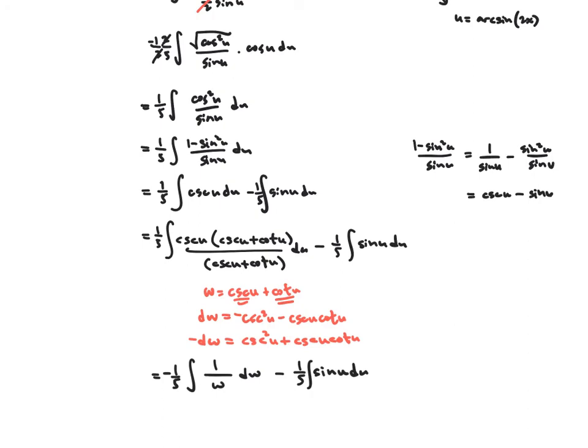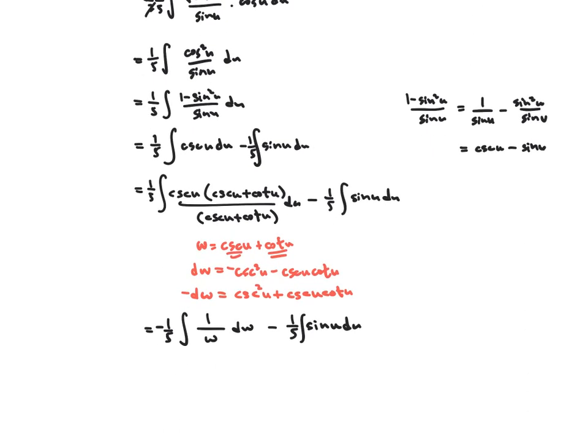All right, let's continue. This is getting crazy. All right, so I get negative 1/5 natural log of w. Well, w was cosecant u plus cotangent u minus, and actually the integral of sine is negative cosine, so I'll just make that plus 1/5 cosine of u plus c.